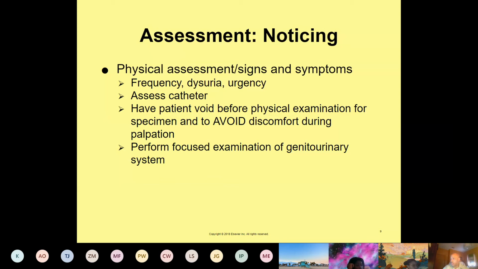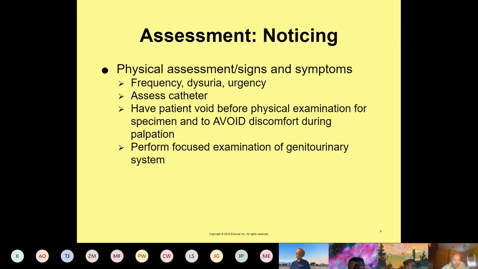All right. So risk factors for these UTIs. Take a look at page 1355. Again, do not neglect looking at this information.